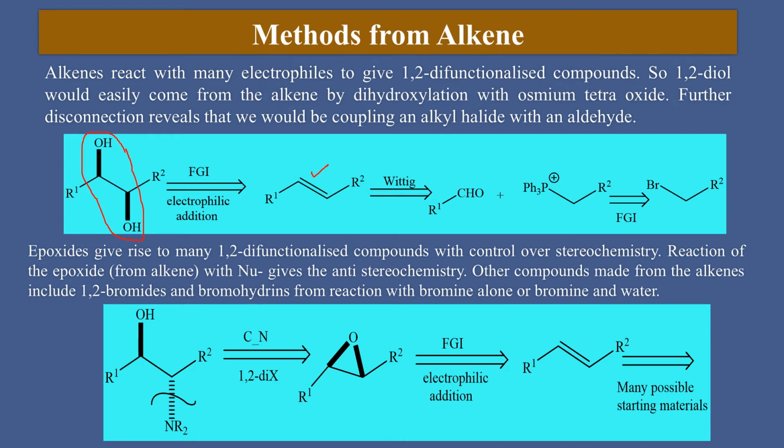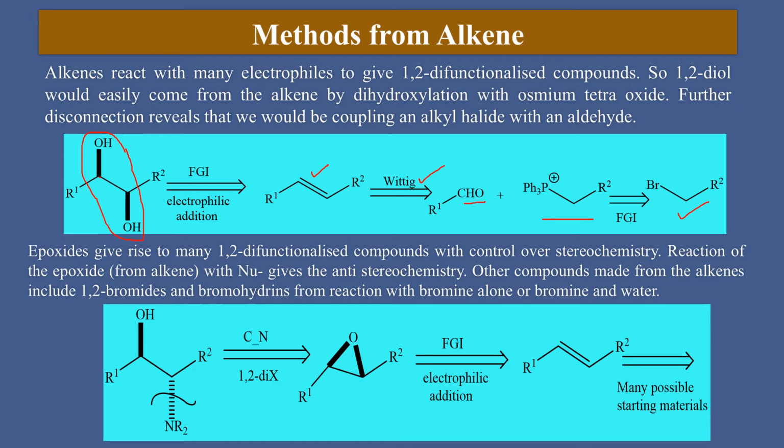So by FGI, an alkene is obtained, and this alkene can be easily prepared by using a Wittig reagent. The Wittig reaction uses a carbonyl and a phosphorus ylide. The ylide can be prepared from an easily available alkyl halide. But here we have some control over the stereochemistry, that is, only cis-1,2-diol can be obtained.